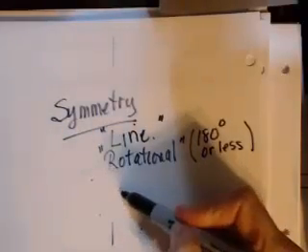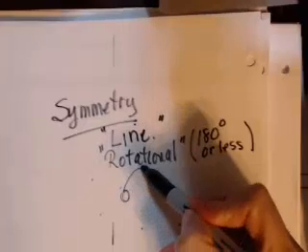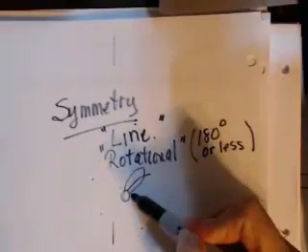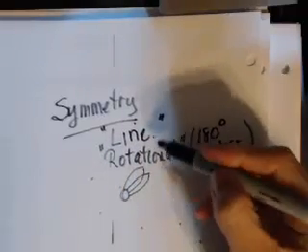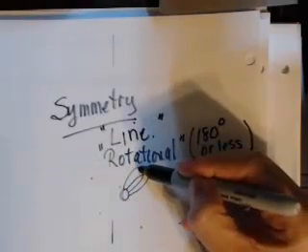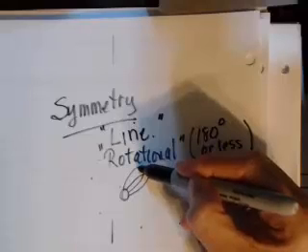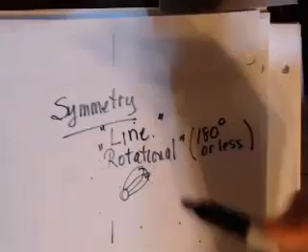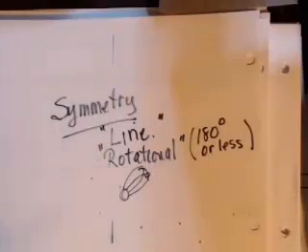Now, a pinwheel has rotational symmetry because when you rotate this leaf to here, they're the same size, so one would map onto itself. The shape would map onto itself.